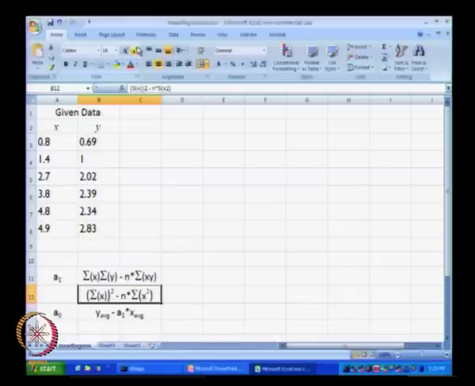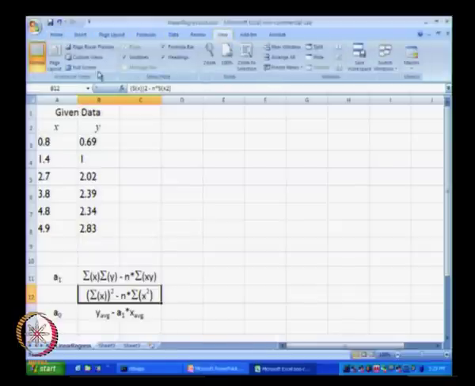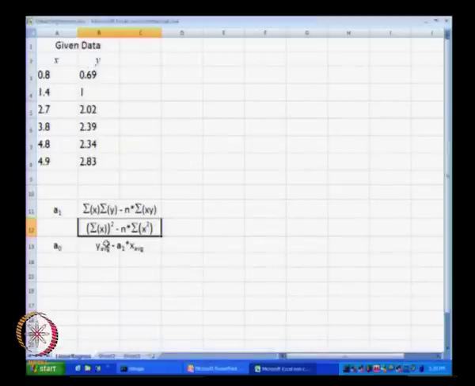Likewise we had derived the equation for a0 as well: a0 was y average minus a1 times x average. So this is the data that is given.